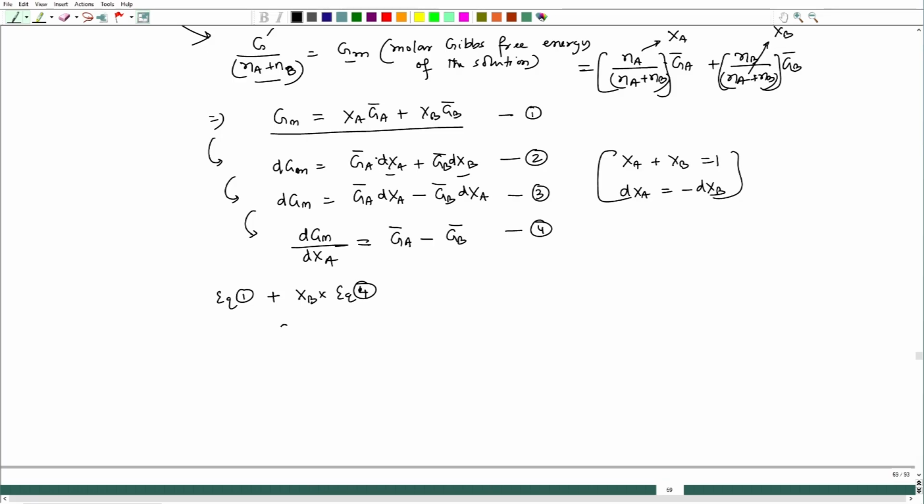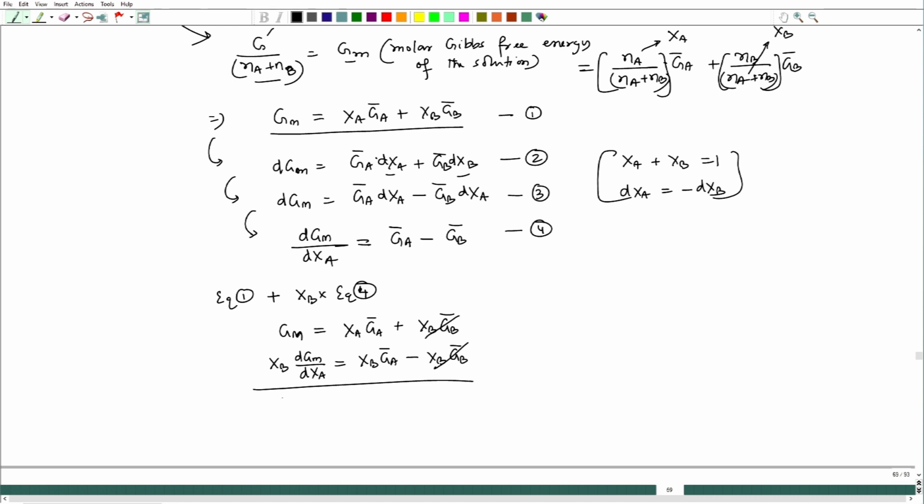So, Gm equal to, fine, and then we get Xb would be equal to, we get this. So, if we add up, then these two would get cancelled.